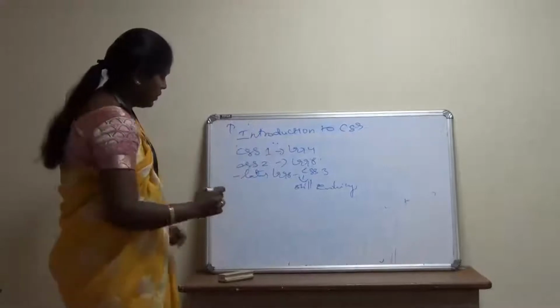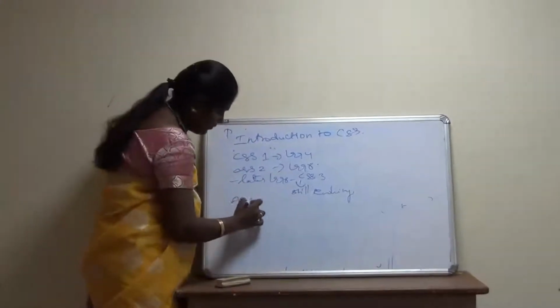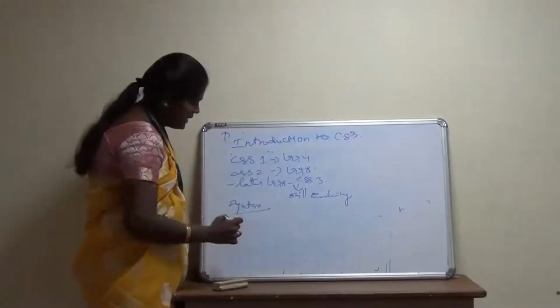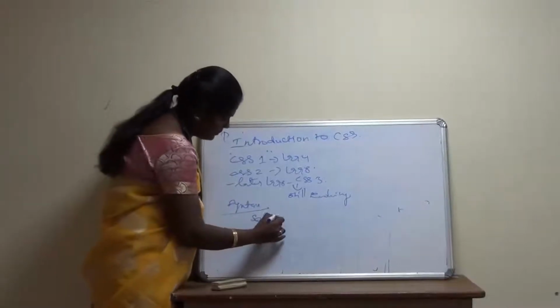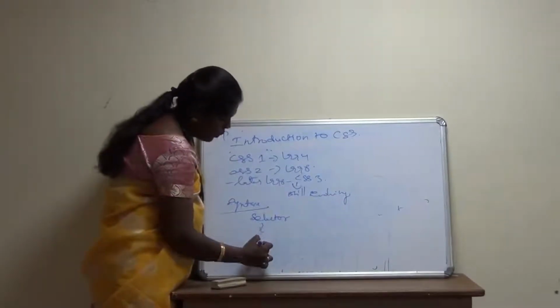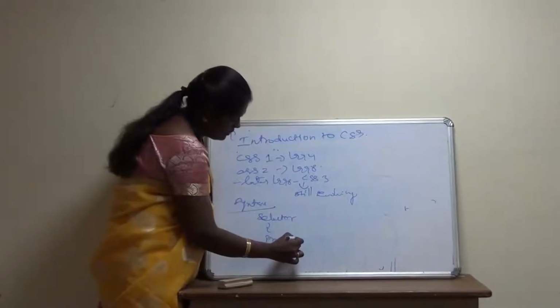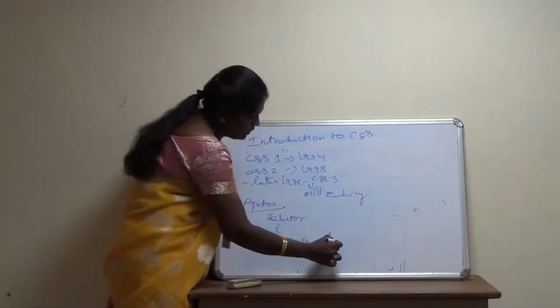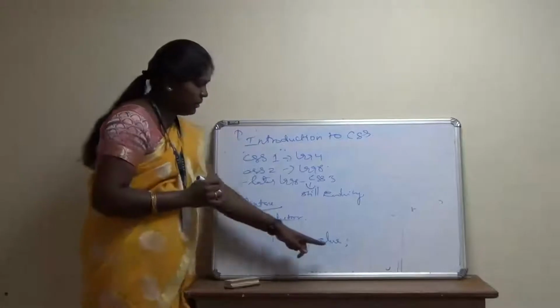Now we are going to see the core syntax of CSS. The syntax is selector, property, colon, value. Each statement should end with a semicolon.